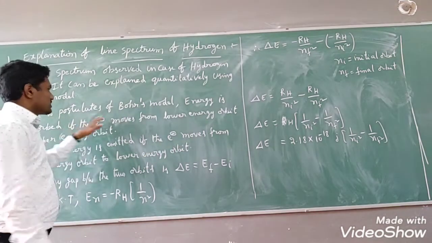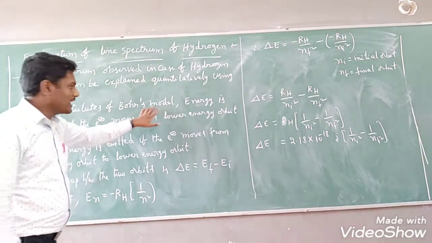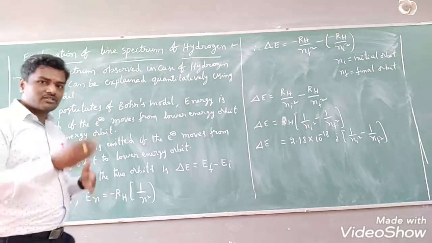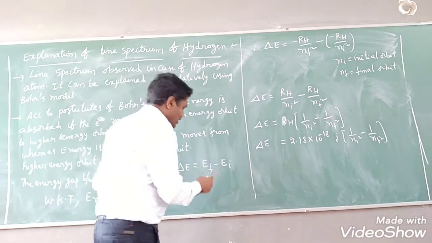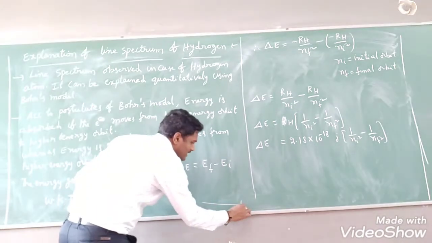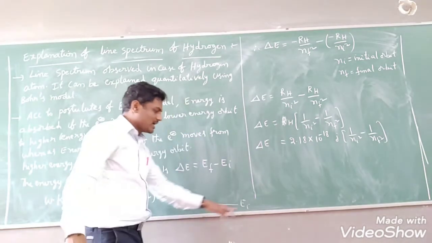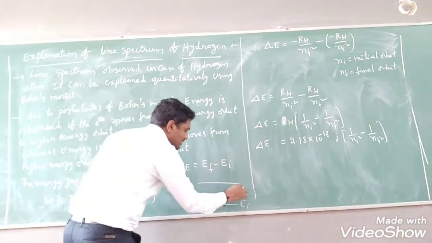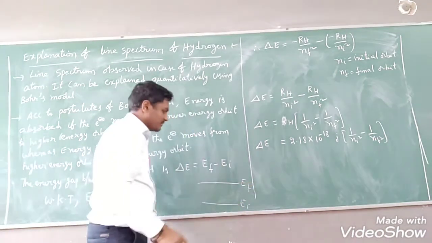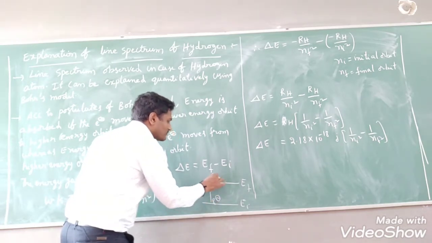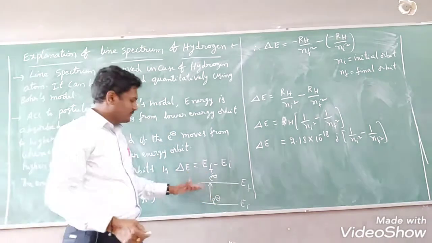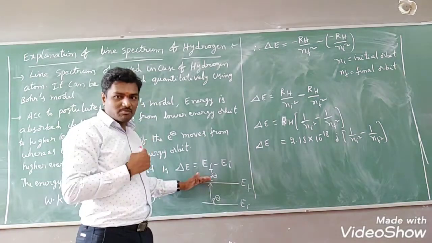According to the postulates of Bohr's model, energy is absorbed if the electron moves from a lower energy orbit to a higher energy orbit. Suppose this is the energy of the first or initial orbit, and this is the energy of the final orbit. If the electron moves from the initial orbit to the final, higher energy orbit, then the energy is absorbed.